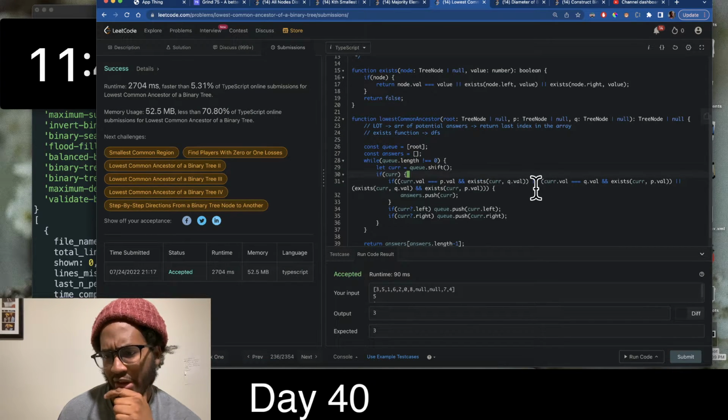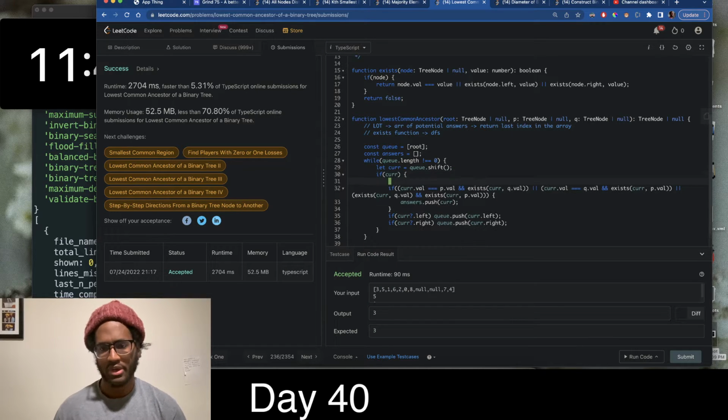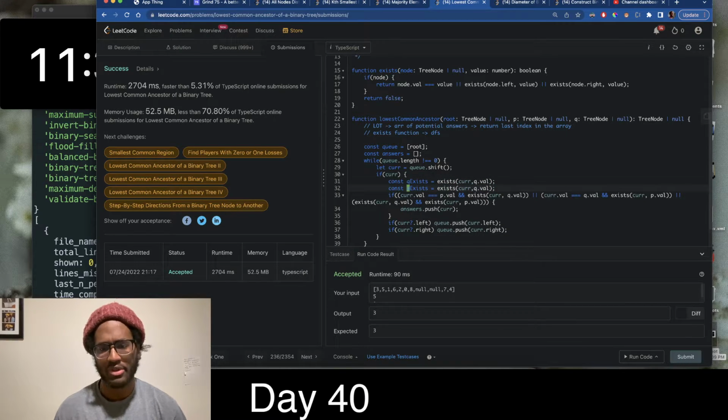So we're actually doing a lot of checks of exists. So we could actually simplify this with q exists per q.val to speed it up just a little bit. All right, q exists as a subchild, or actually I guess we can call it q exists and p exists.